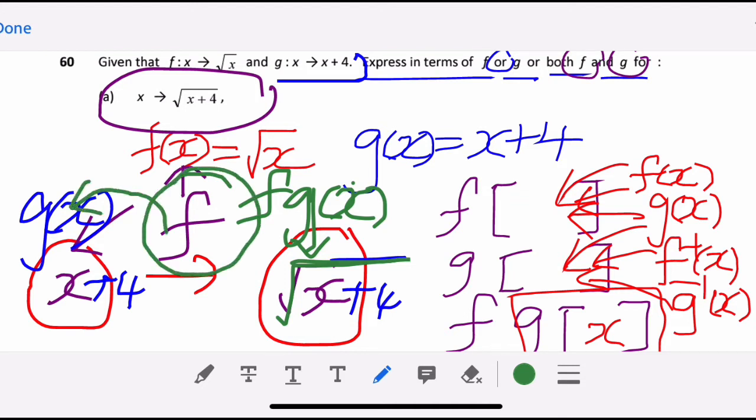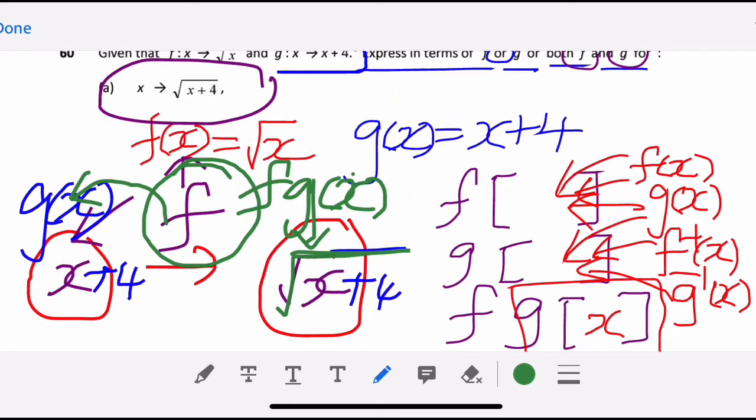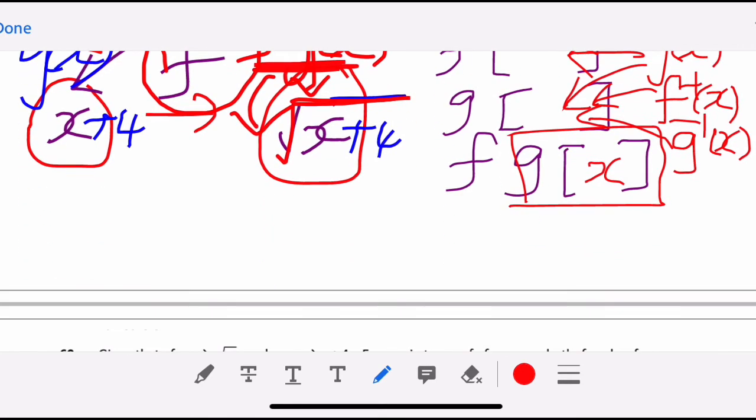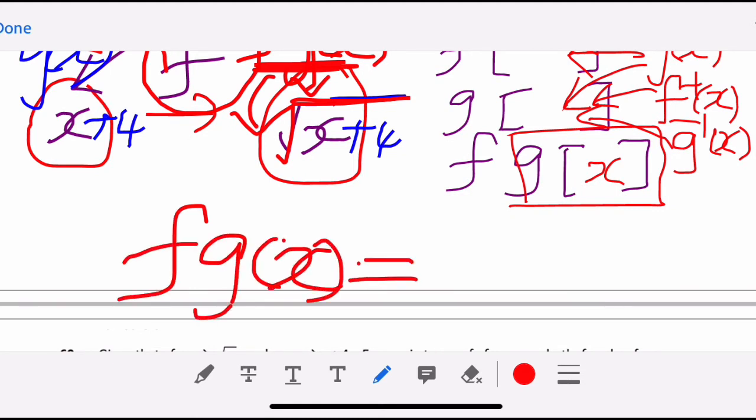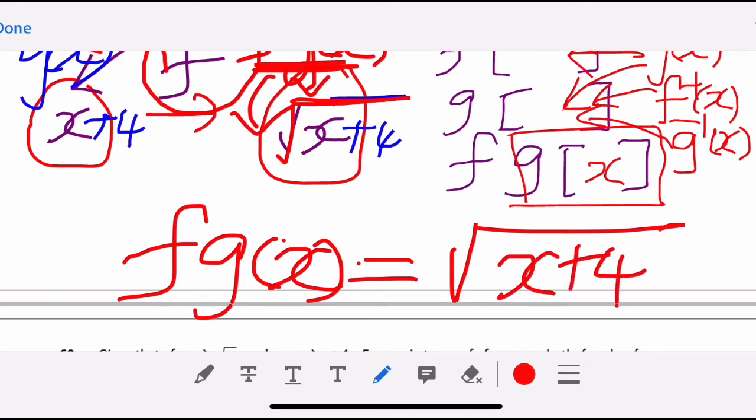So you cannot say gf, you must say fg. So what the question wants you to find out is the composite function. So the answer is fg(x), which will bring the answer x plus 4. That is the so-called composite function.